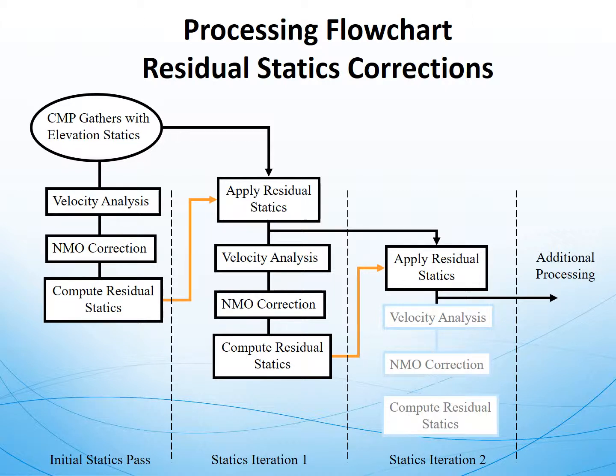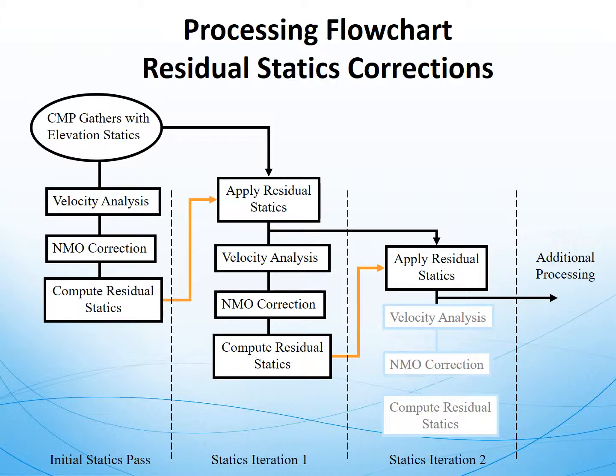When we implement this residual static correction, it's not only a straightforward process. Okay, we do it iteratively in order to get the best output from this residual static correction. If you can see from this workflow, once you have the CDP gathers with the statics problems, you do the velocity analysis, apply the NMO correction, and you compute the residual statics.